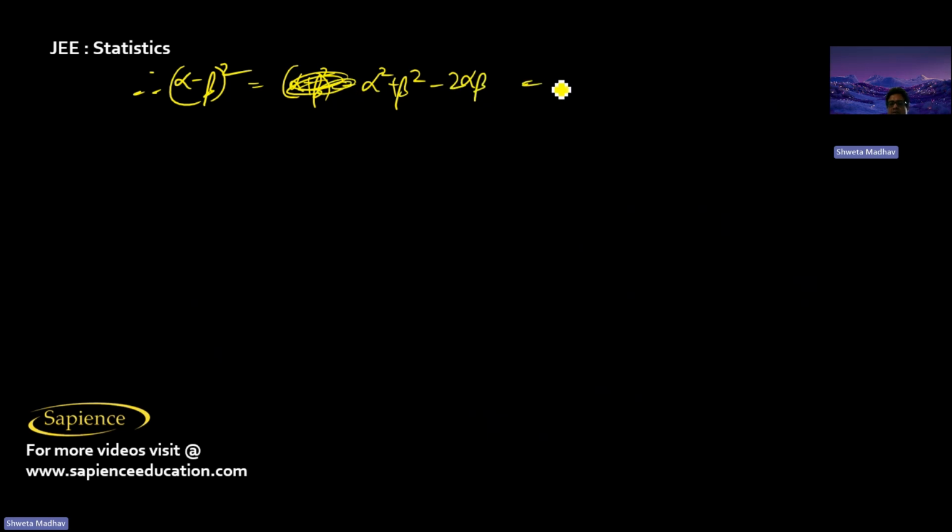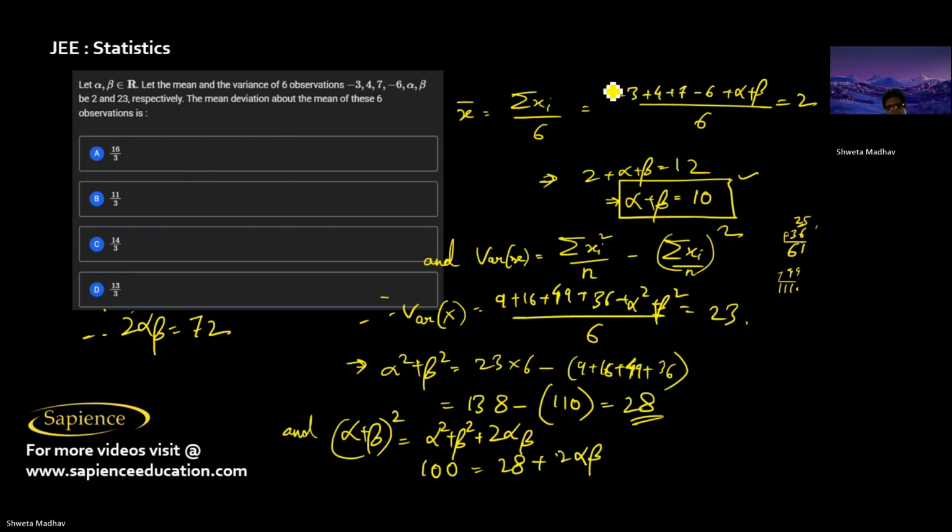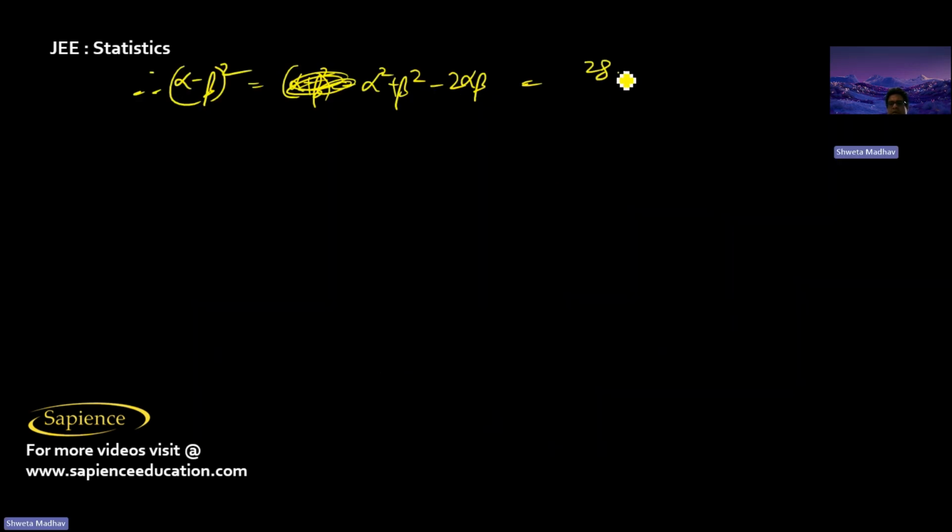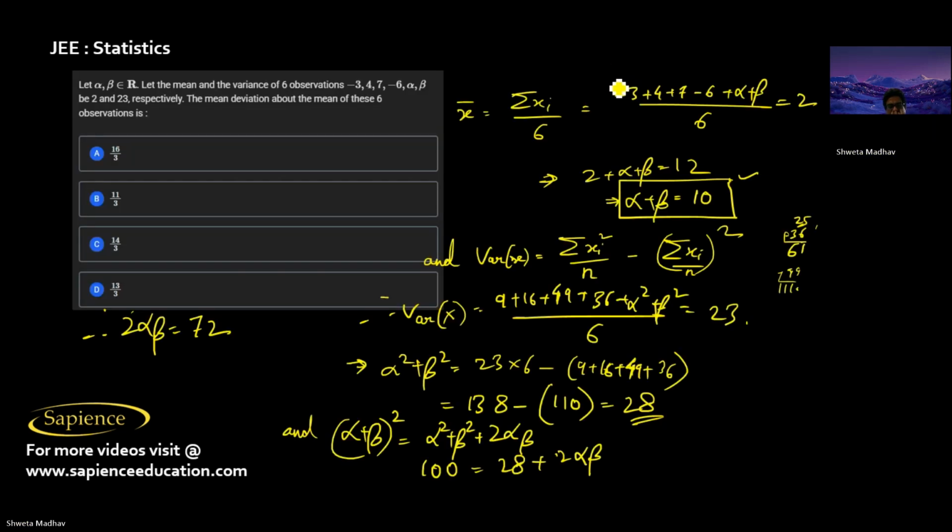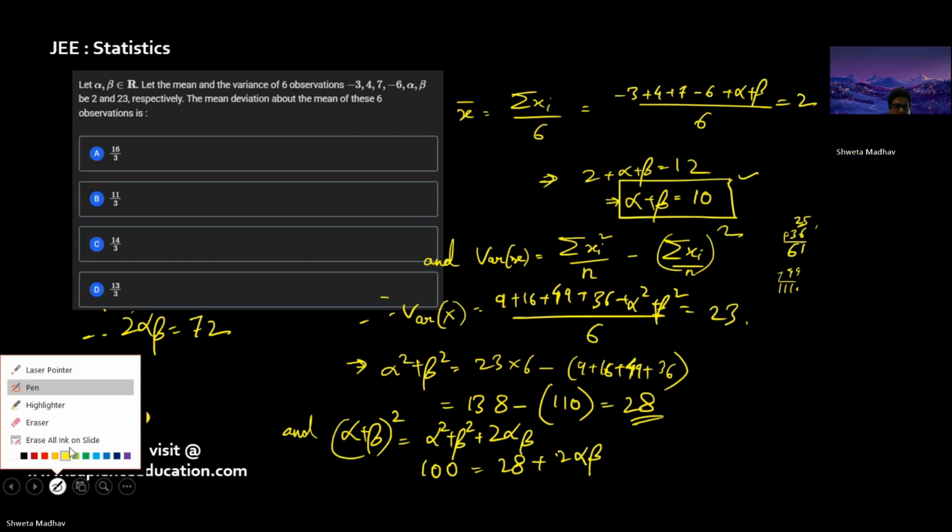So this alpha square plus beta square we have found, that is 28. Sorry, it's actually wrong.